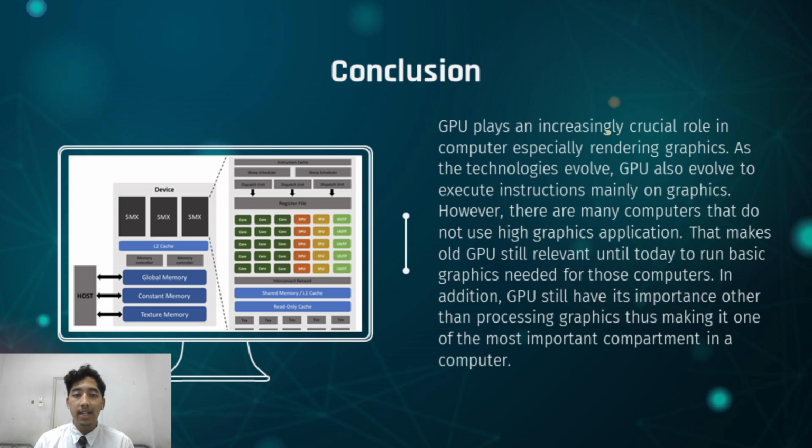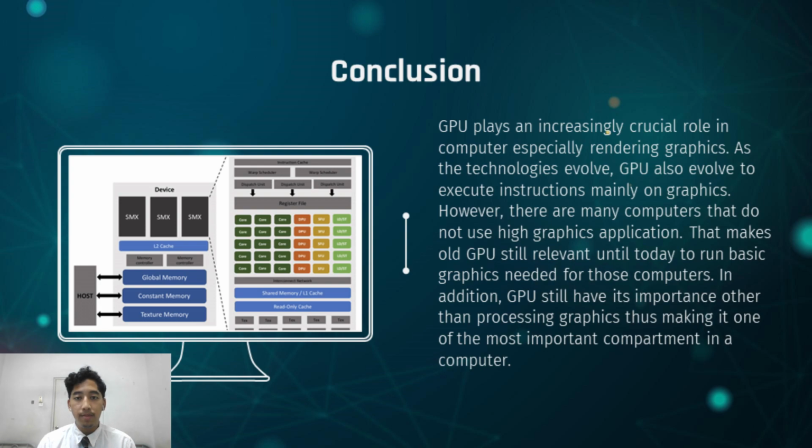Based on the slides, the GPU plays an increasingly crucial role in computers, especially in rendering graphics. As technology advances, GPUs have also evolved to execute instructions mainly on graphics. However, there are many computers that do not use high graphics applications.